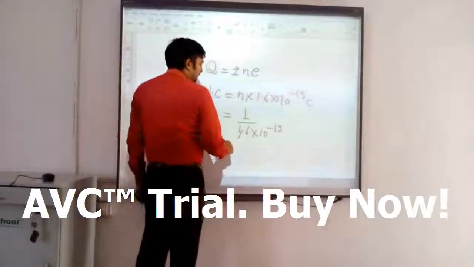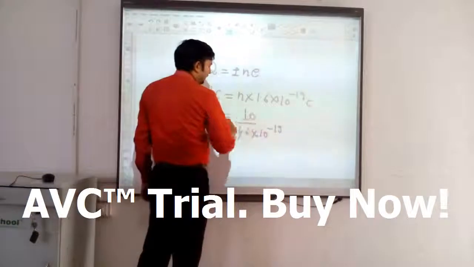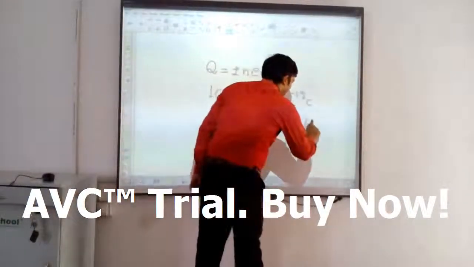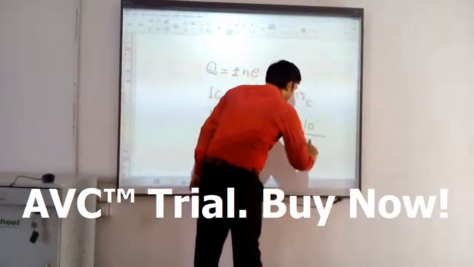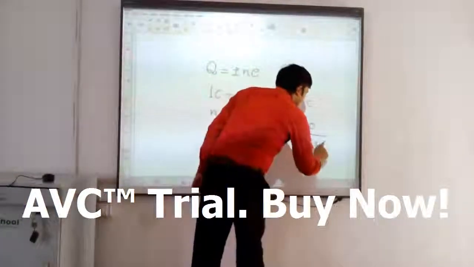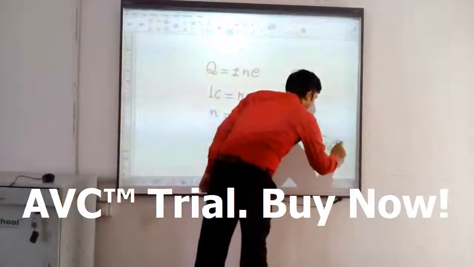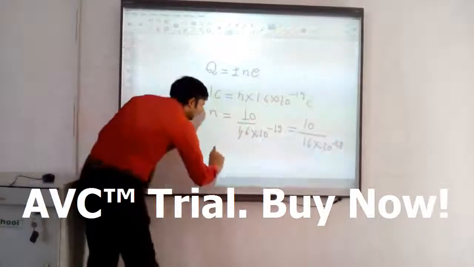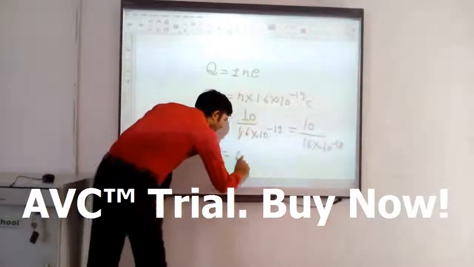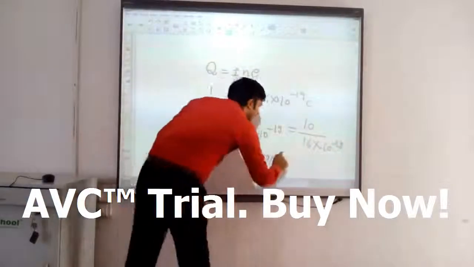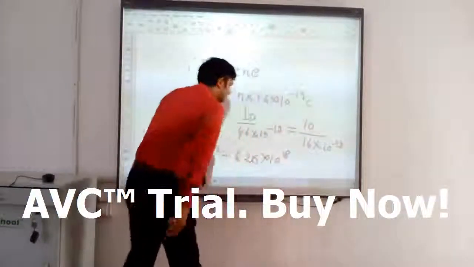Then taking this decimal out, here it becomes 10 upon 16 into 10 raised to the power minus 19. This will be n equal to 6.25 into 10 raised to the power 18.